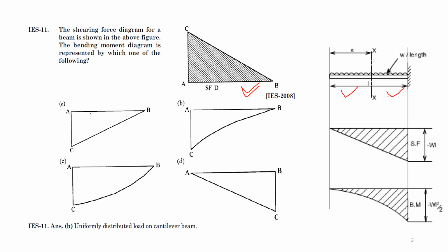Okay, so this is the shear force diagram, and obviously if you write the bending moment equation and plot that, it will be a parabola. Like here it is minus WL, here minus WL square by 2. So it is a parabola. So its answer is B. Okay, so please remember this for a triangular SFD, the bending moment will be a parabola.